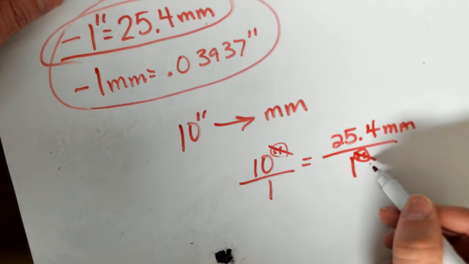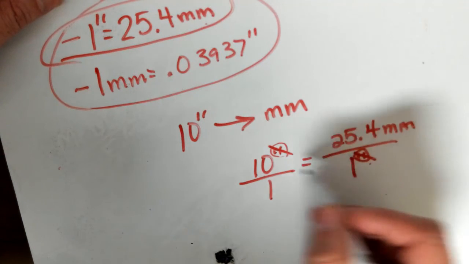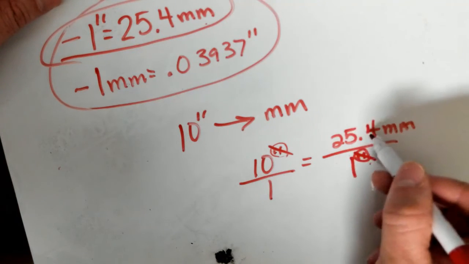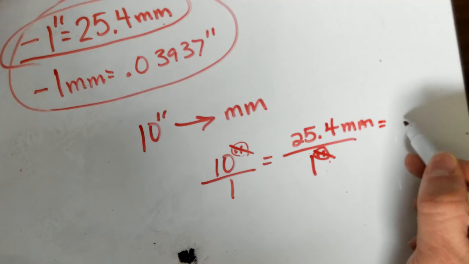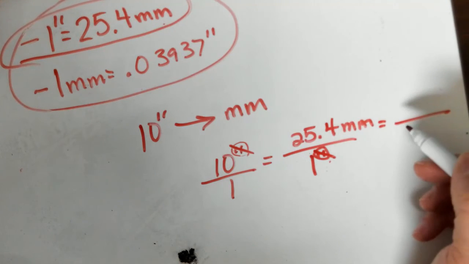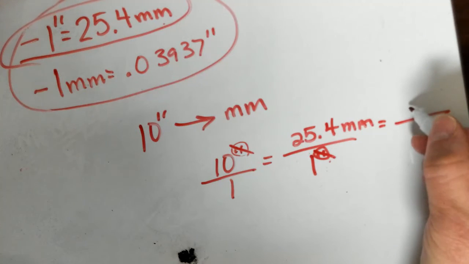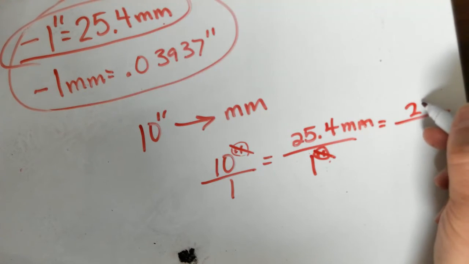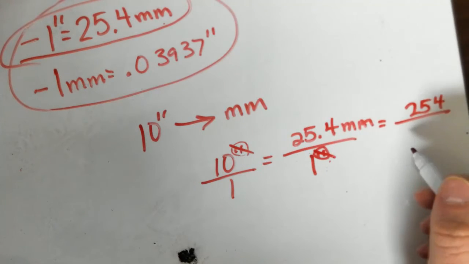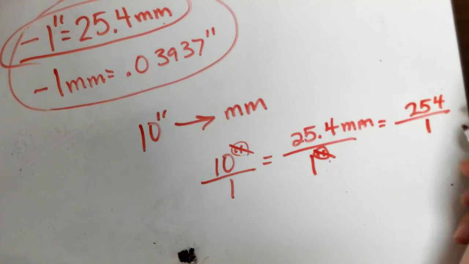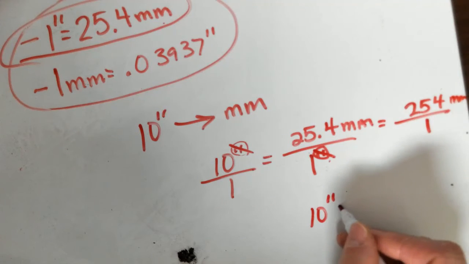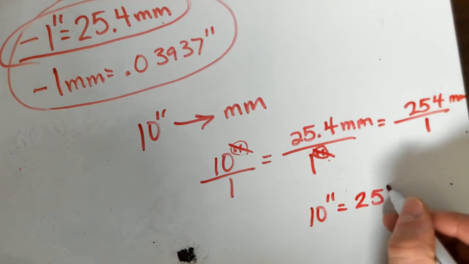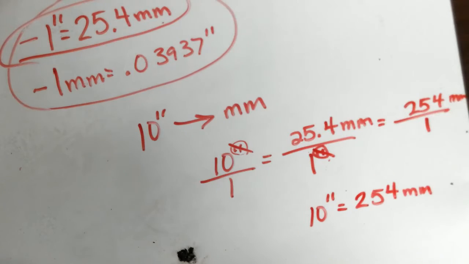Now the units are canceled out, and what's left is 10 and 25.4. So you just do 10 times 25.4, and that would be 254, and then 1 times 1 is 1, and don't forget that millimeter comes over as well. So 10 inches is also equivalent to 254 millimeters.